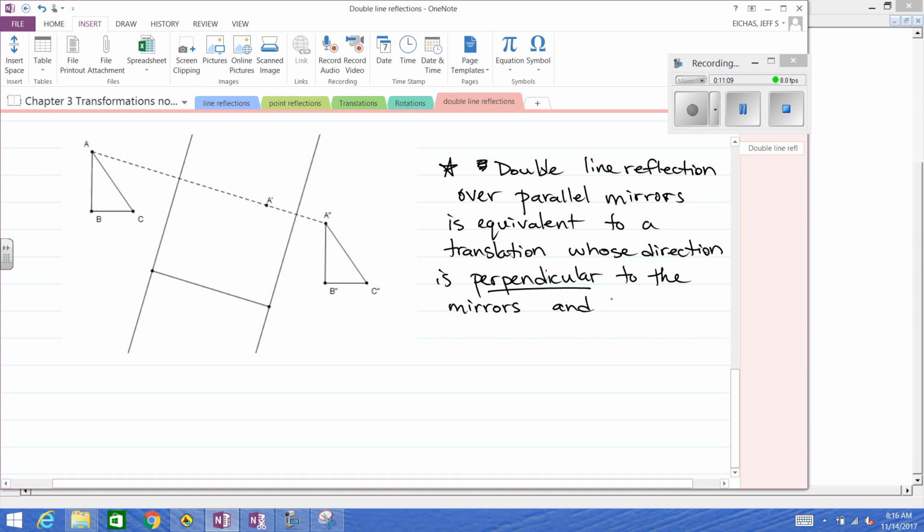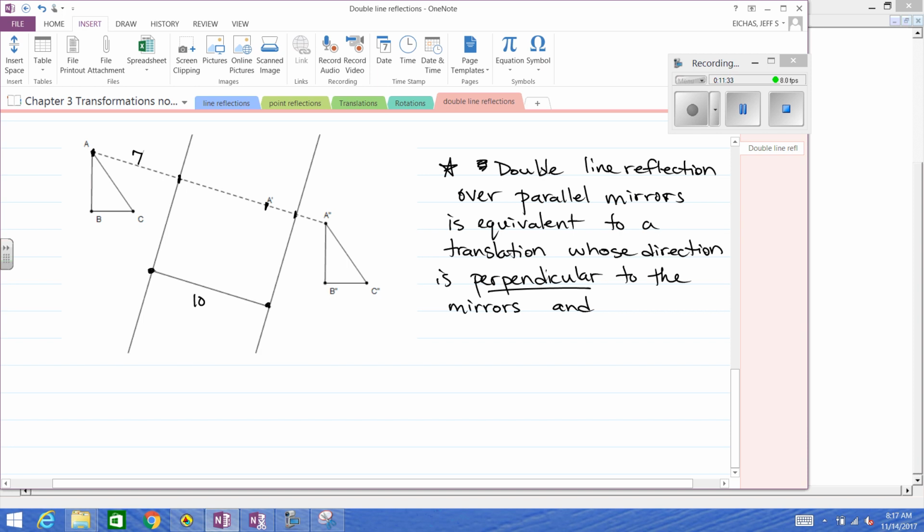Now, let's say for a minute that the distance between our two lines is 10. Let's just estimate this distance from here to here. All right, let's say that that's 7, maybe 7 or 8. Let's just call it 7 for now.